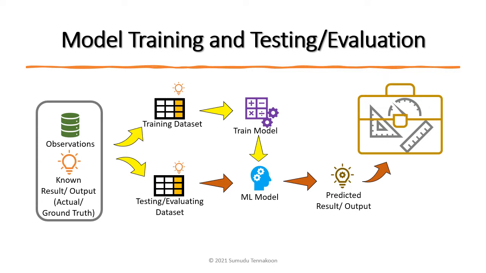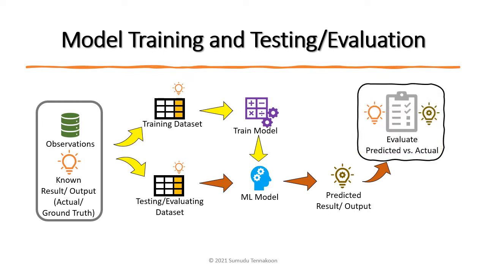Now we need to find a way to evaluate the model using that predicted output. Remember, we get this testing data set also from the original observation set, where we had the known output, so the ground truth is also available in this data. Now we can compare the actual value, or the ground truth, with the predicted value to know whether your model is performing well or badly.